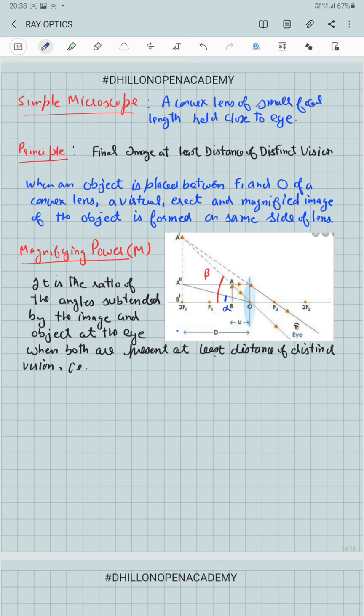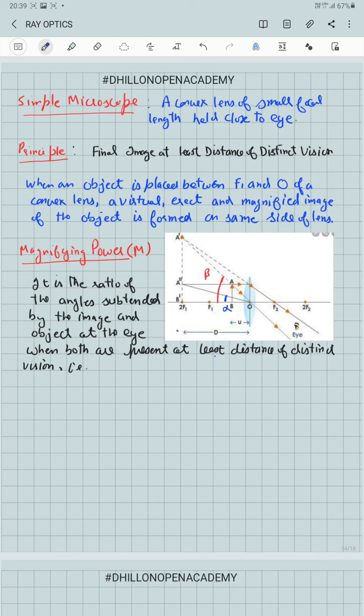So in the figure, AB is the object for which A dash B dash is the final virtual, erect, magnified image formed on the same side of the lens. The image is subtending an angle beta at the eye, which is angle A dash O B dash.